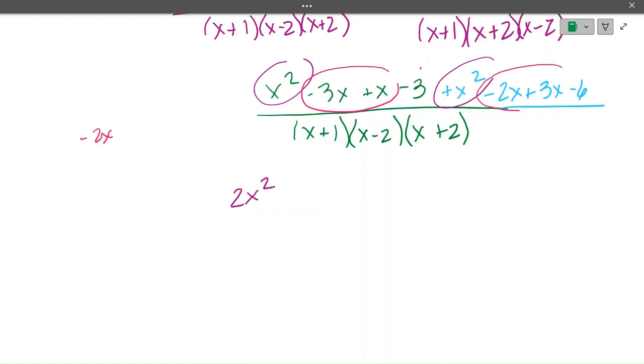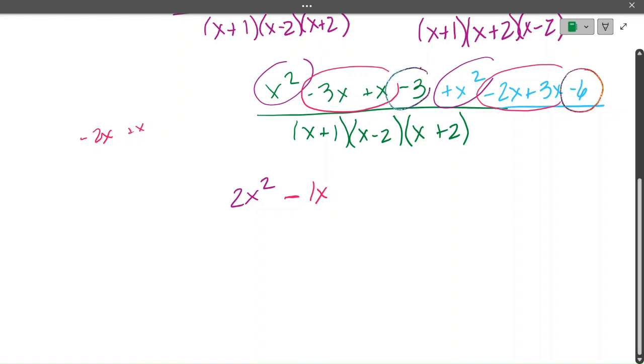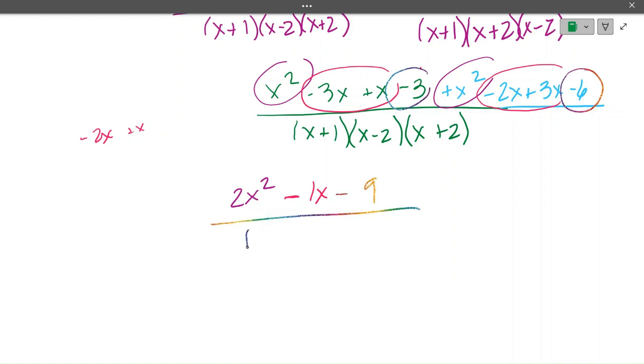And I also have 3x minus 2x. So that's positive x. So I'm left with just negative 1x or negative x. And then I also have my constant. So I've got negative 6 and negative 3. It's negative 9. So I'm going to go ahead and rewrite this.